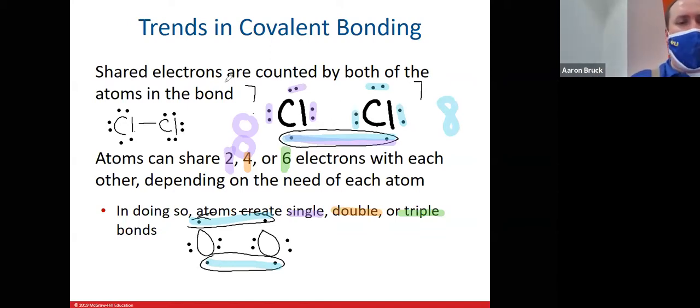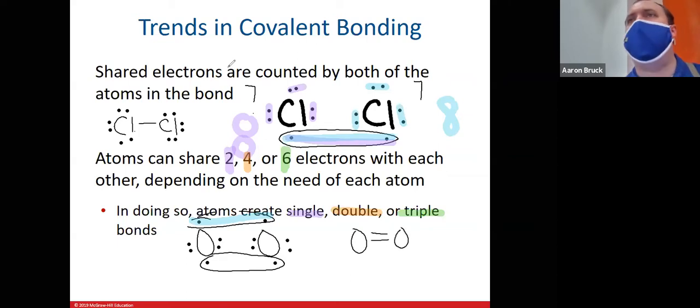We depict a double bond as a set of double lines between the 2 atoms. And then again, I've got 4 unbonded electrons on each oxygen.